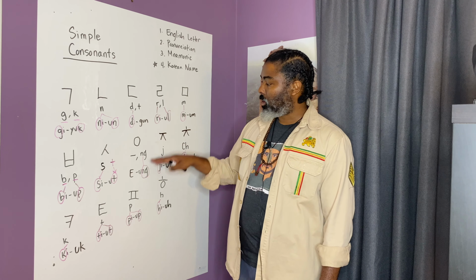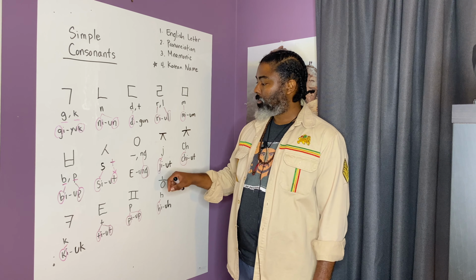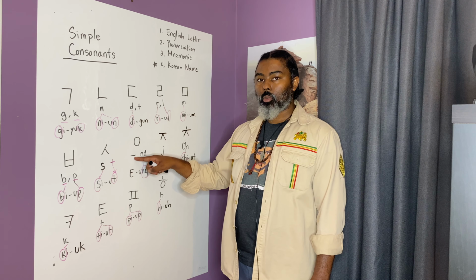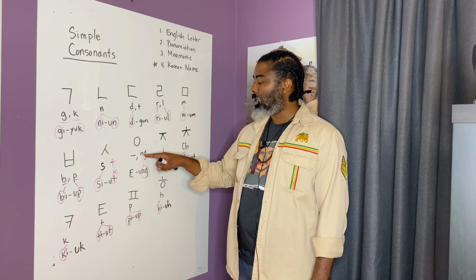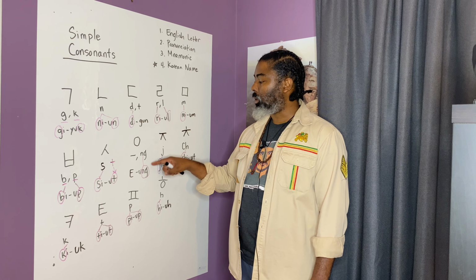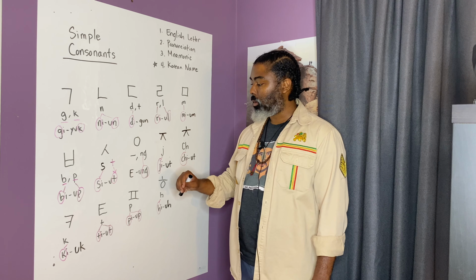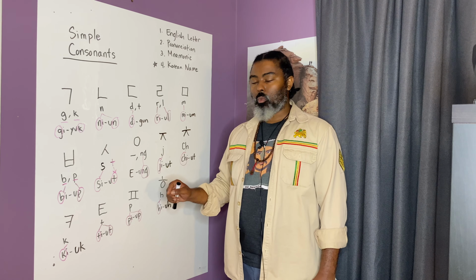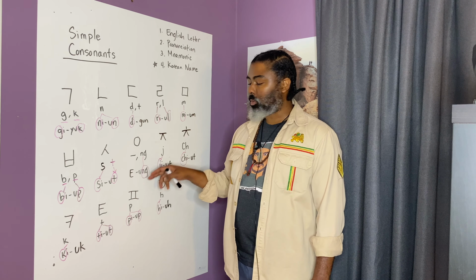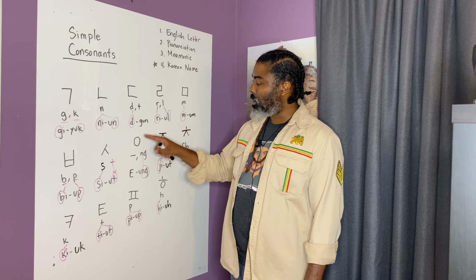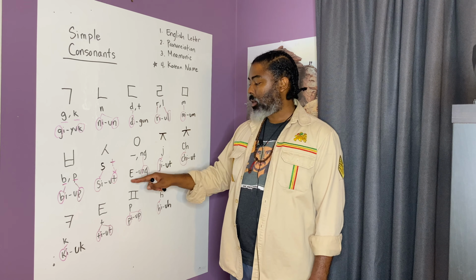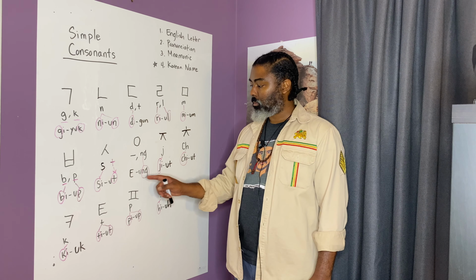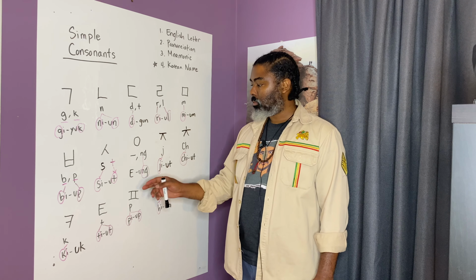Oh, and then this letter here, it's a little funky. There's either no sound, it produces no sound, or it produces ng. Now, if you are reading the Korean name of this, it's pronounced as Eung, but there's no letter E, right?